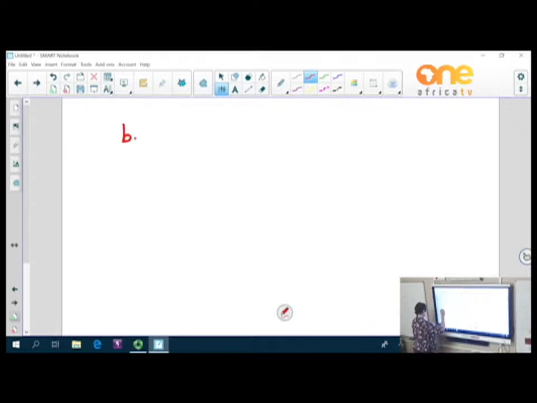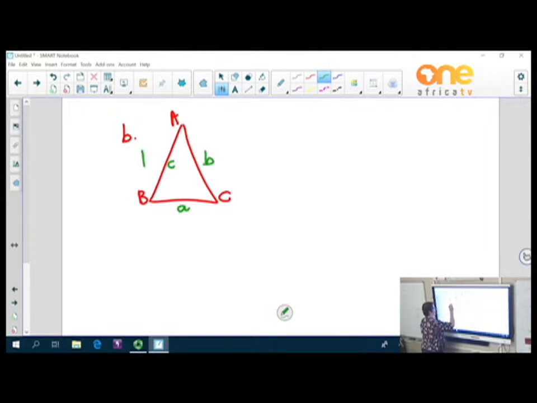Question B. In triangle ABC, so there's my triangle ABC, and C is 13. Now let's just label them again. This is C, this is A, this is B. So C is 13, B is 20, and C is 35 degrees.